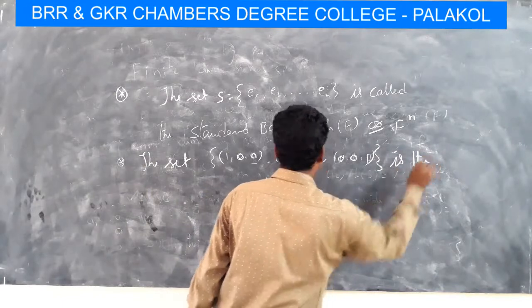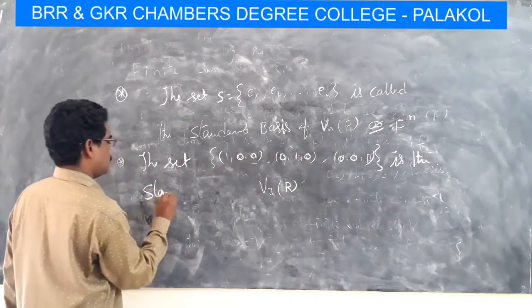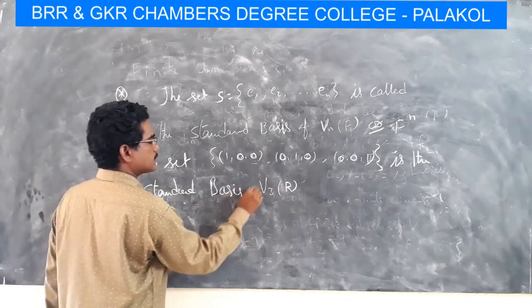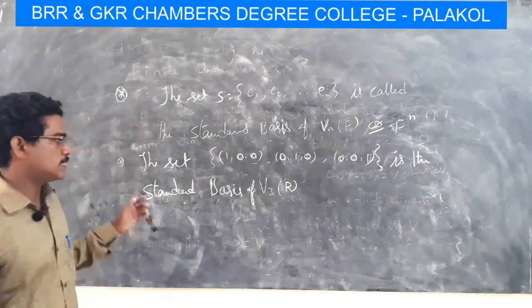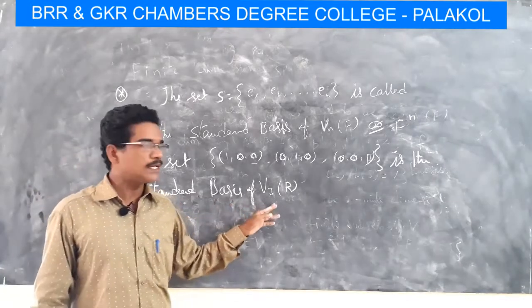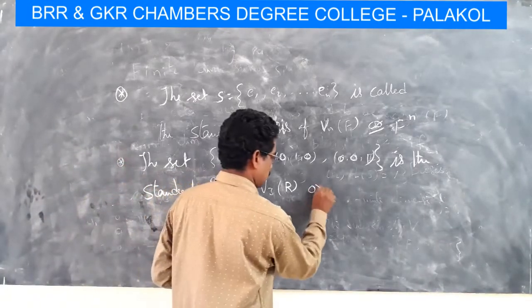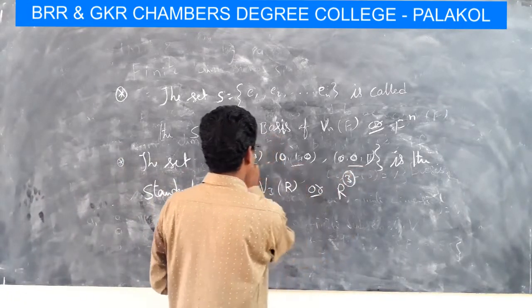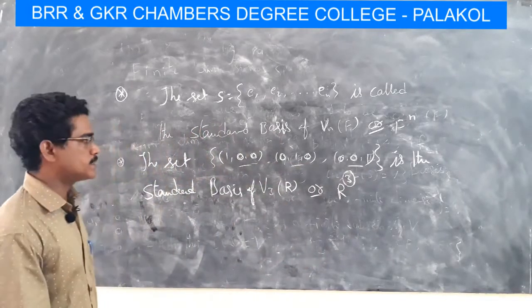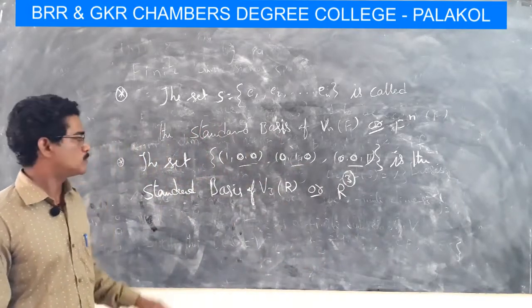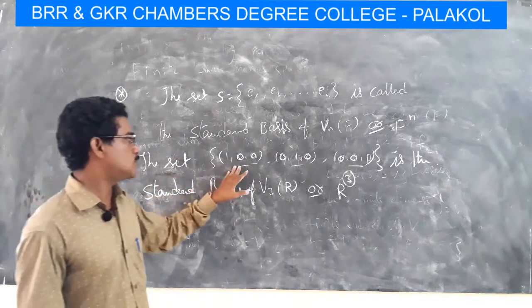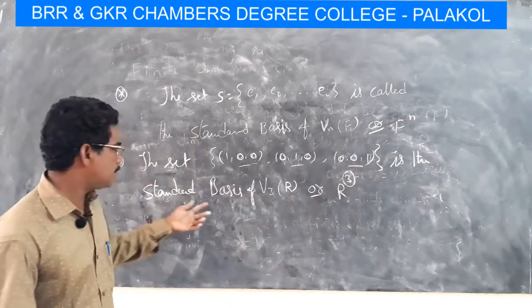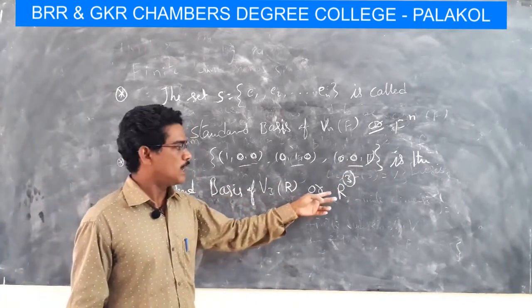So the set of (1, 0, 0), (0, 1, 0) and (0, 0, 1) is the standard basis of V3 of R, or R cube.